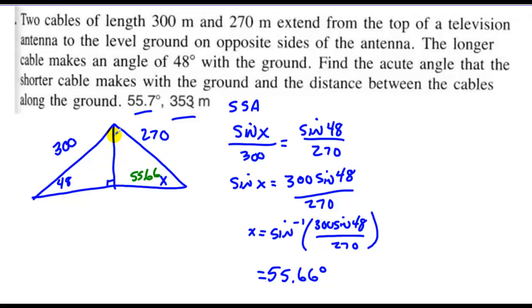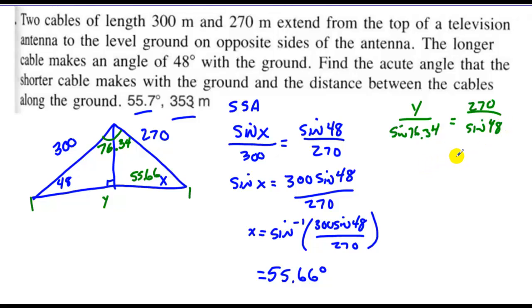Given that, I know that this other angle all the way across here, since they all add to 180 degrees, must be 76.34. And that means I can find this distance over here, let's call it y, by just saying y over the sine of 76.34 is equal to 270 over the sine of 48.